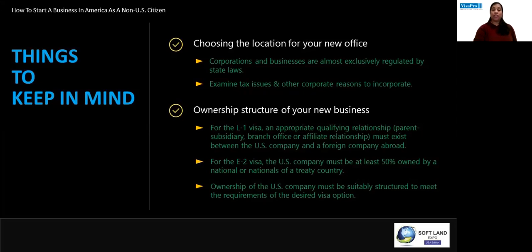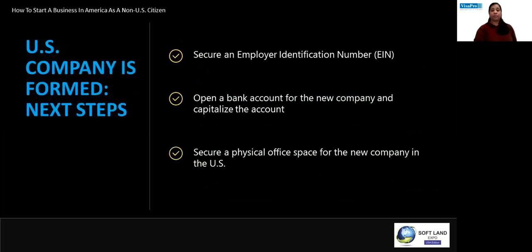In the case of an E2 visa, on the other hand, the US company must be at least 50% owned by a national or nationals of certain predetermined countries. When establishing a US company with a look to future visa possibilities, you must ensure that the ownership of the US company is suitably structured to meet the requirements of the desired visa option or options.